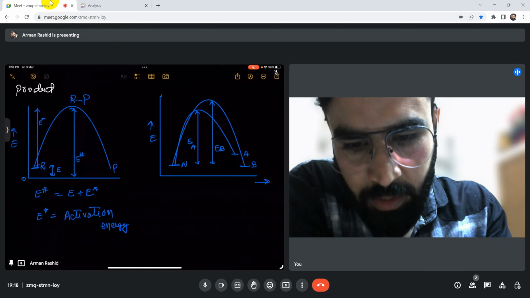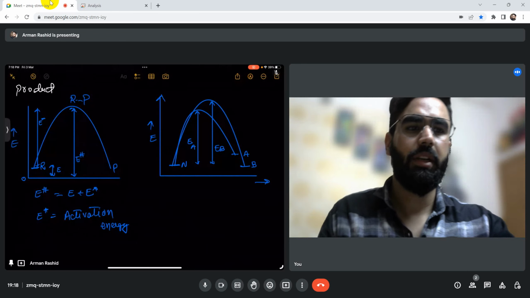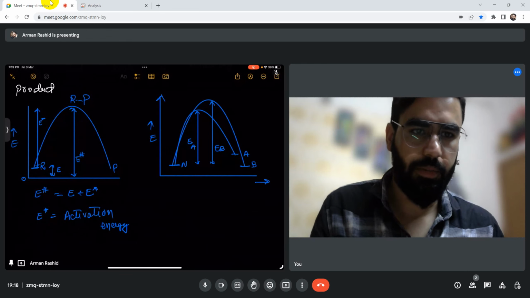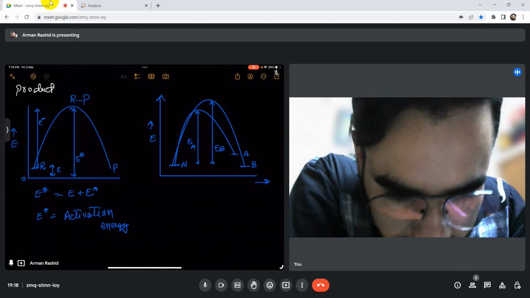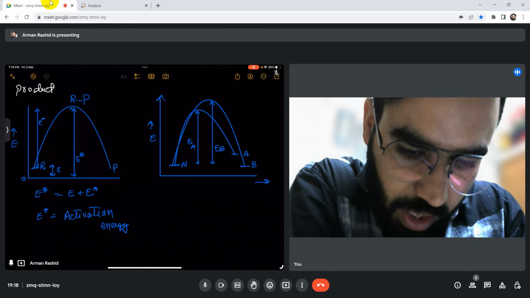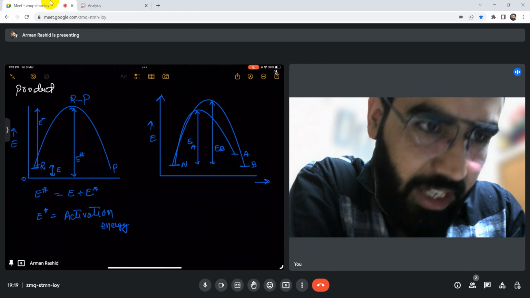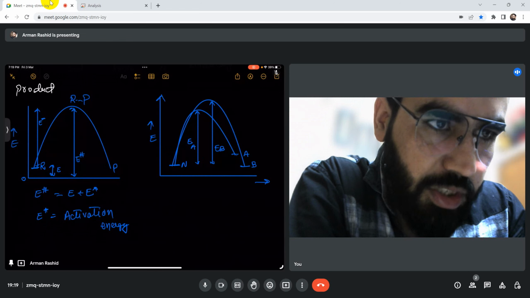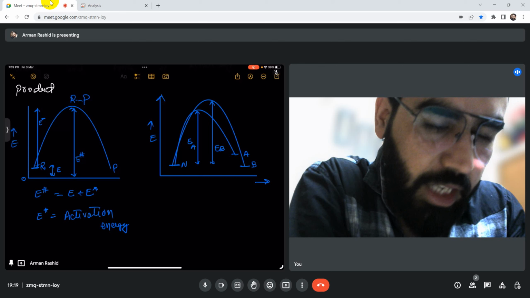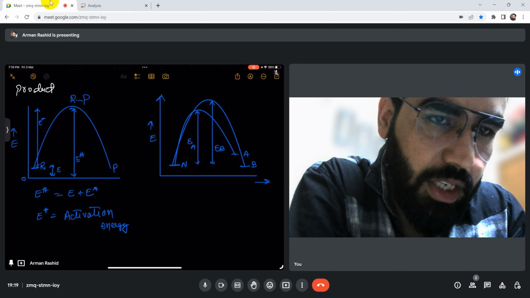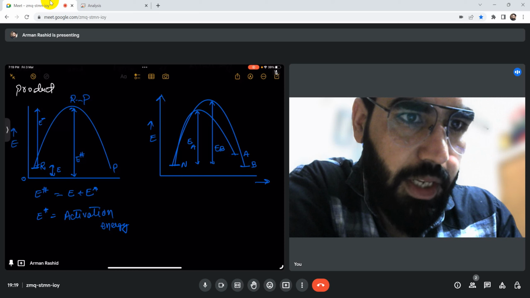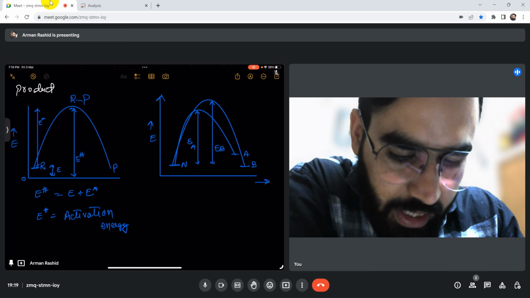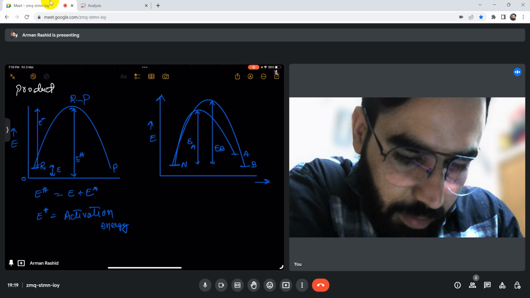Now what I am trying to explain is what a thermodynamically controlled product is and what a kinetically controlled product is. Here not much activation energy is required, so the lower activation energy product is formed. It is not as stable as B, but the activation energy required is low. That means it is the kinetically favored product, but not the thermodynamically favored product, because the thermodynamically favored product is the one where the delta E of the reaction is maximum.